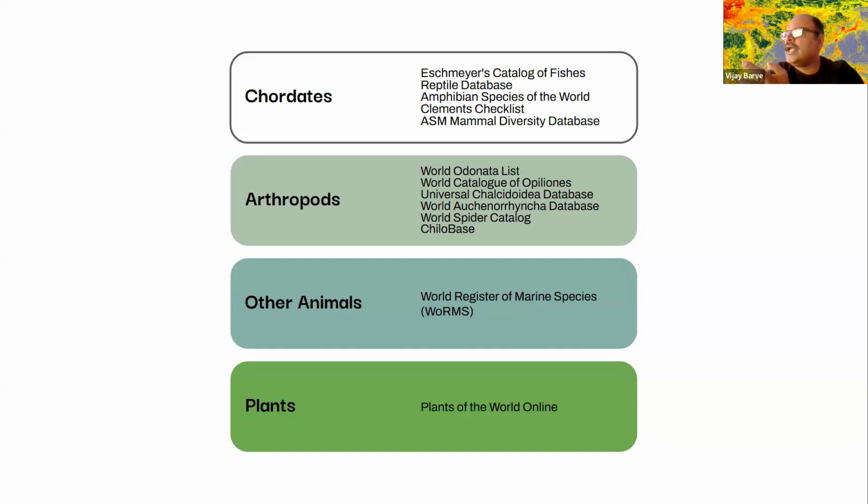For all the other animals except vertebrates and arthropods, the World Register of Marine Species actually has a very good infrastructure, because that's where most of the other phyla are well represented. So this is how they put together these pieces into their backbone taxonomy.